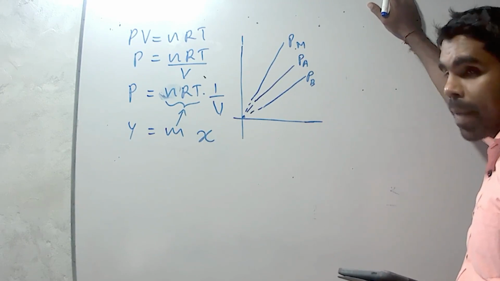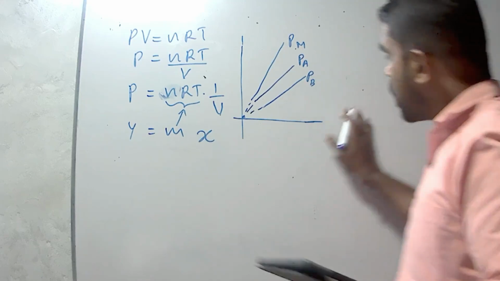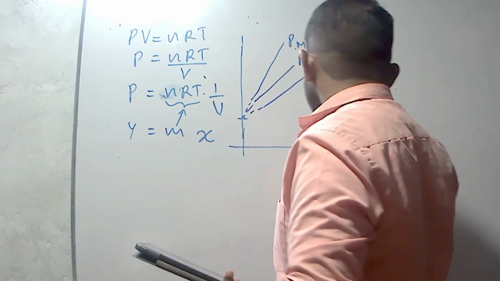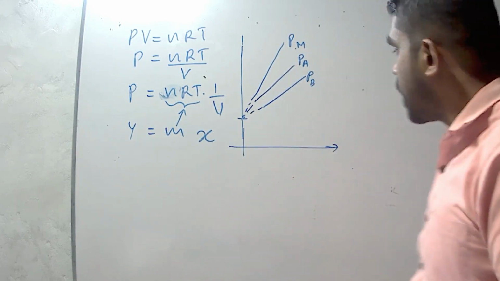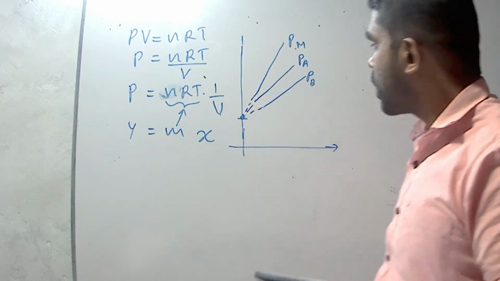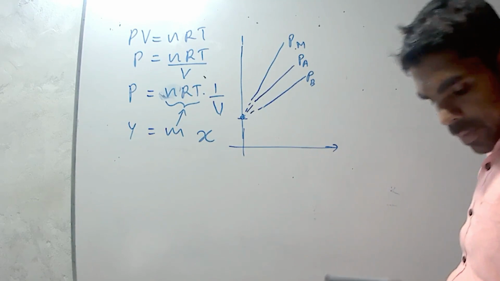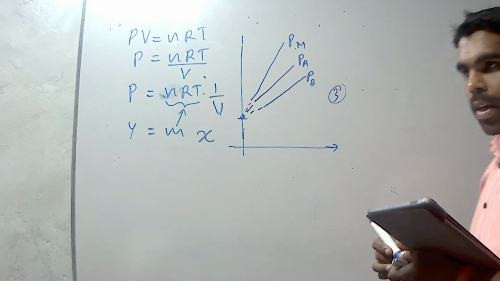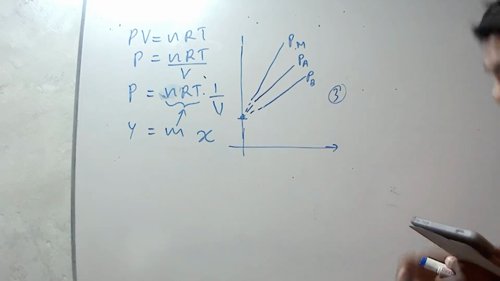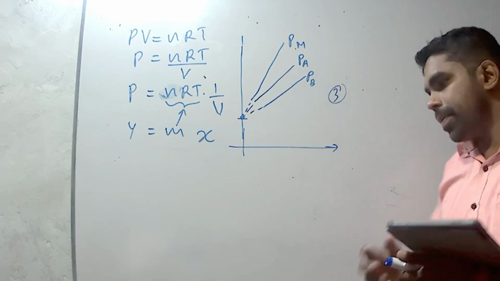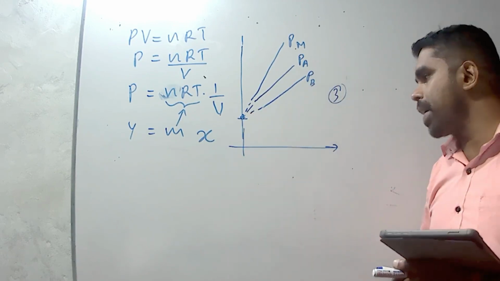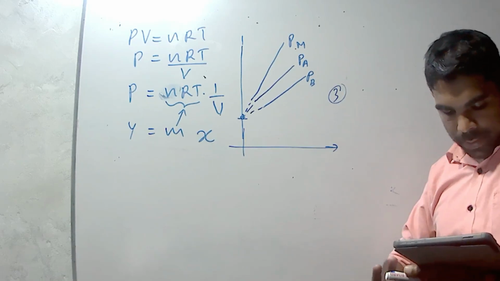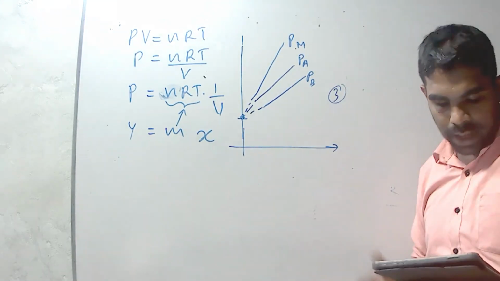When considering partial pressure, it is not the total pressure. There is an initial pressure for the corresponding gas. Therefore, it should pass a point like this. Then we can get the third one as the correct answer. But if there is a graph such that y equals mx, passing through the origin, we would have to choose that answer, but the most suitable answer is the third one in the given answers.